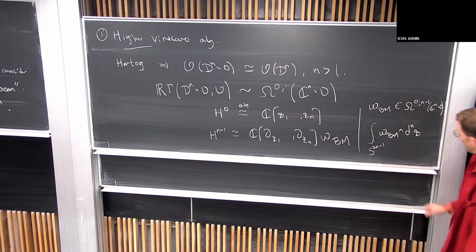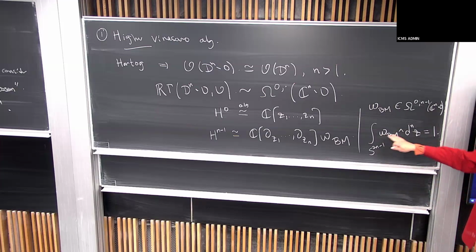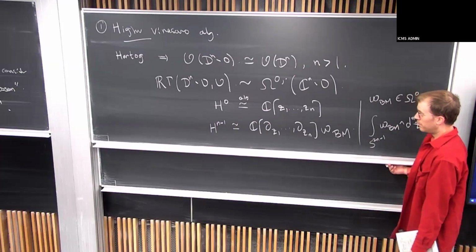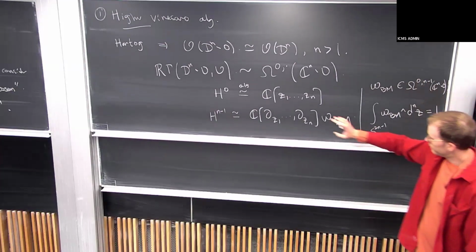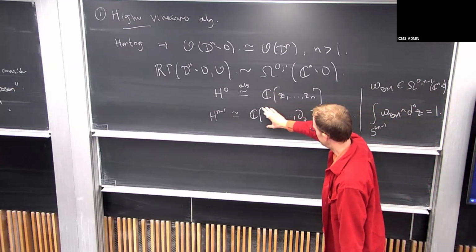I'm wedging here with the holomorphic volume form that I have on C^n, and this thing is 1. So in other words, the Bochner-Martinelli kernel wedged with the holomorphic volume form is a representing class for the 2n-1 sphere. So this is all there is in cohomology.